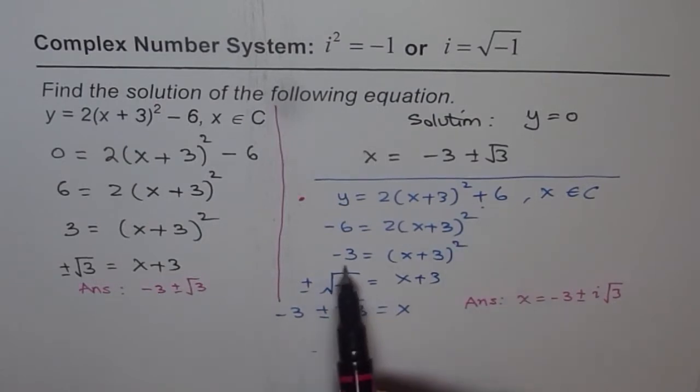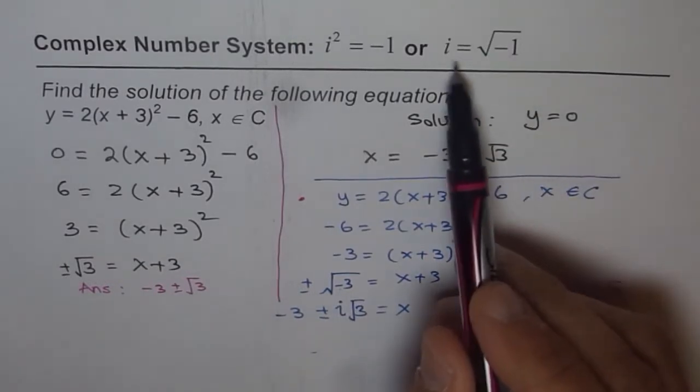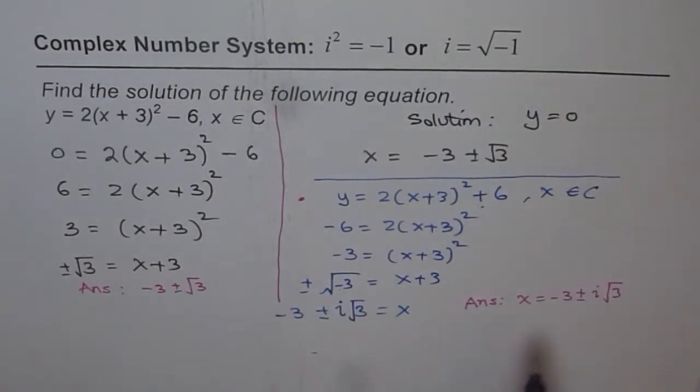Then you get a negative number under the square root. When you get a negative number, we move on to complex, imaginary numbers. The square root of a negative number involves i, and so you can write this as a solution, correct? That is how we can incorporate complex numbers for quadratic equations.